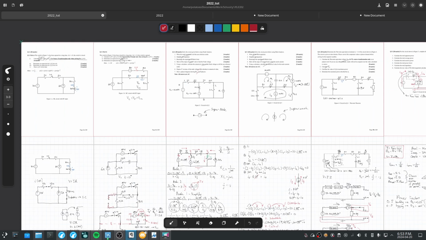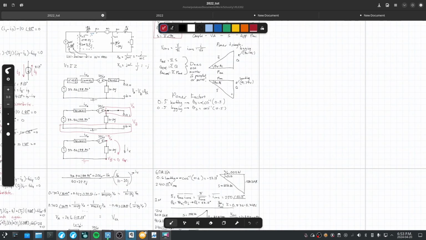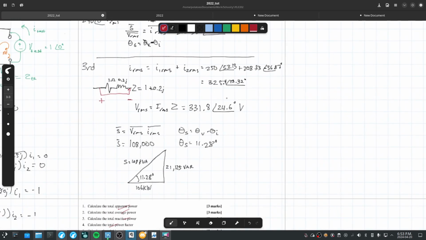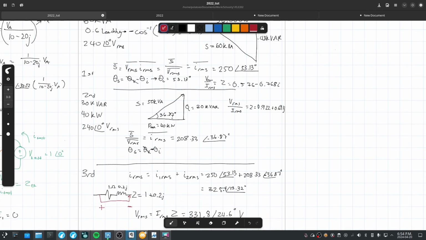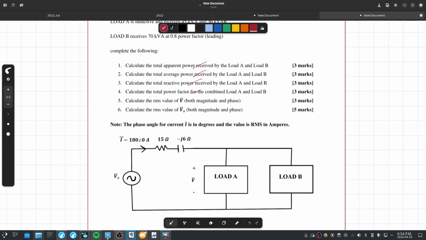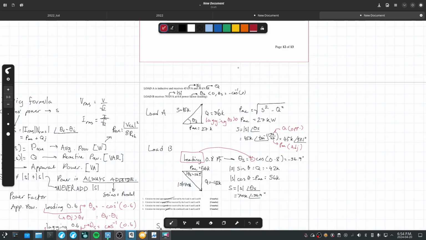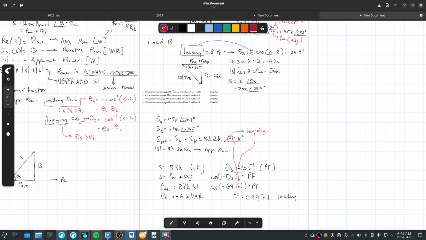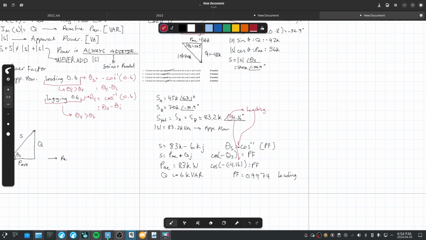Let me see if there's something else I missed from this here. Yeah, I'll be honest with you, I'm really not sure how you're supposed to solve 5 and 6. Did we not use 180 degrees at 0 on this part? I'm not sure where 180 with the degree 0 comes into play here.